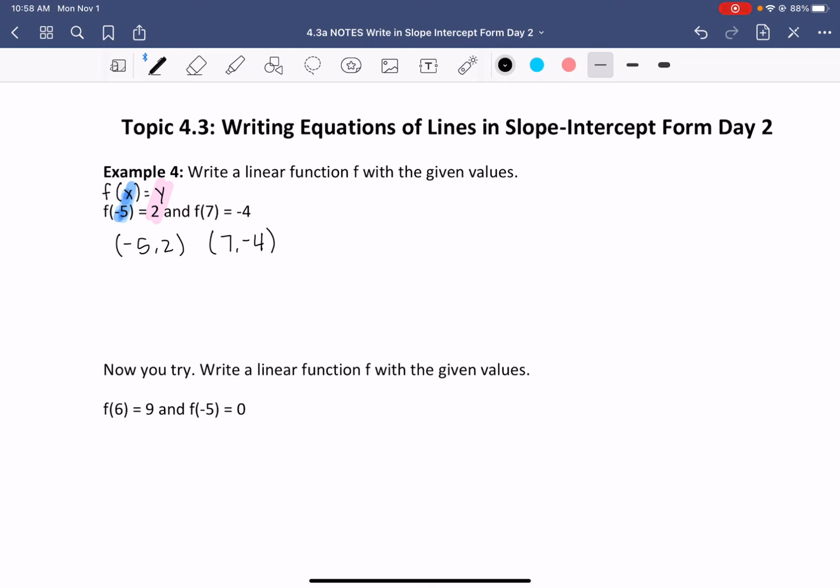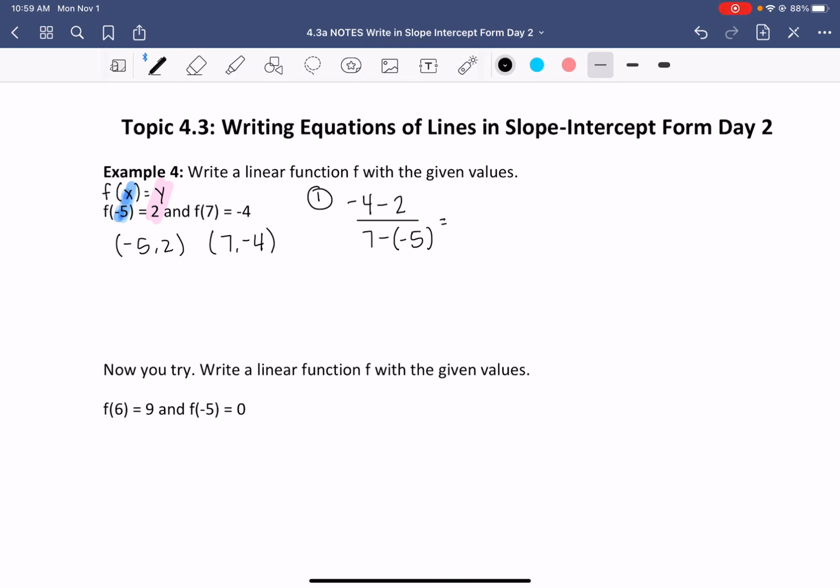And then we're going to do the same steps. So we're going to find the slope. Our y2 is -4, our y1 is 2, all over 7 minus -5. And then we subtract the top part of the fraction and the bottom part of the fraction.